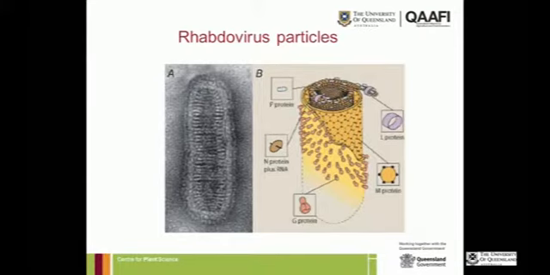So in addition to the nucleocapsid core, we have a glycoprotein, which sits in a lipid membrane, which the virus picks up from its various hosts, the insect or the plant. And this is all connected together by the matrix protein, which connects the internal part of the glycoprotein to the nucleocapsid core.